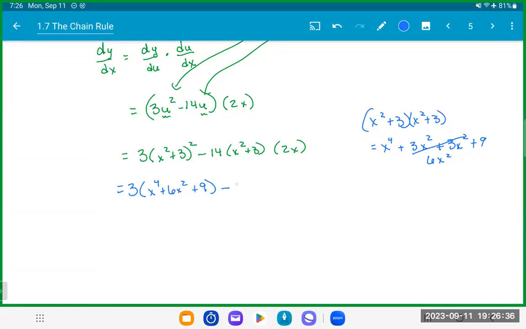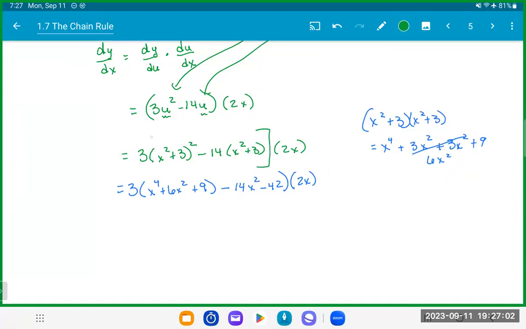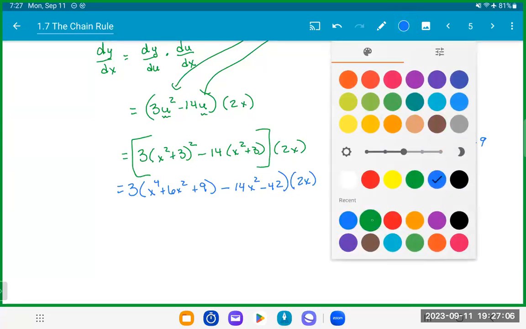So that's going to give me minus 14x squared minus 42. I do need the parentheses because then that's times 2x. Actually, this whole thing should be multiplied by 2x.